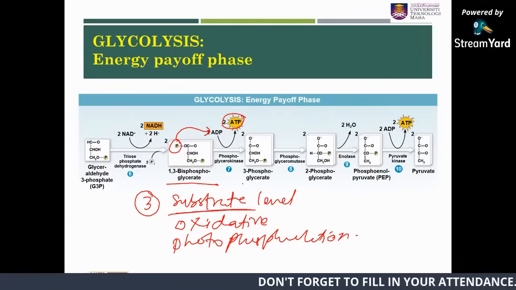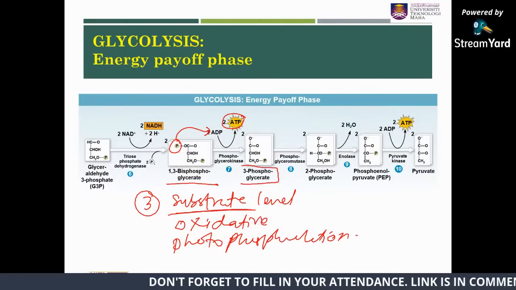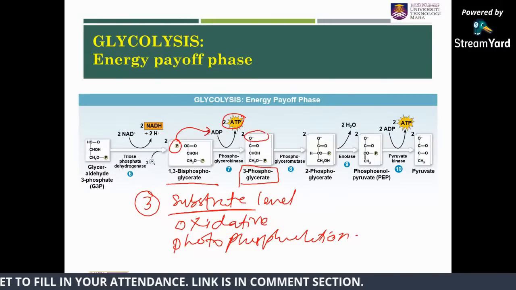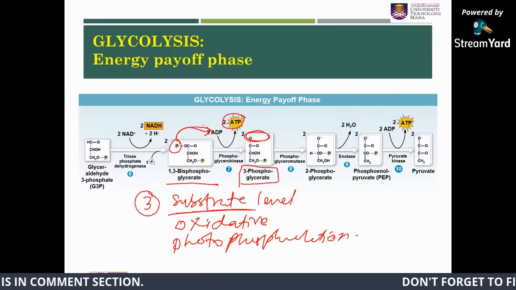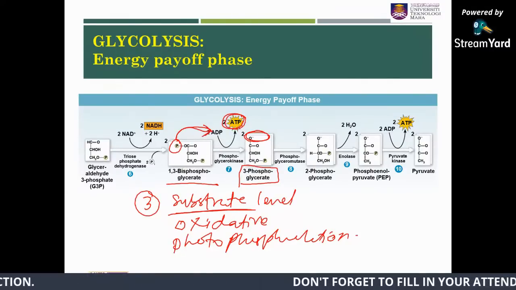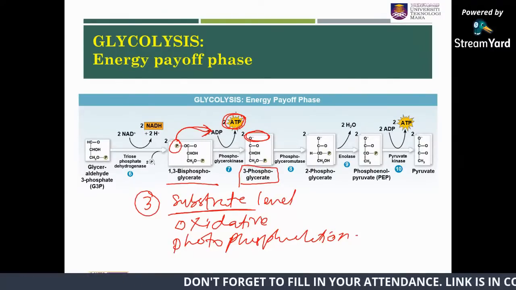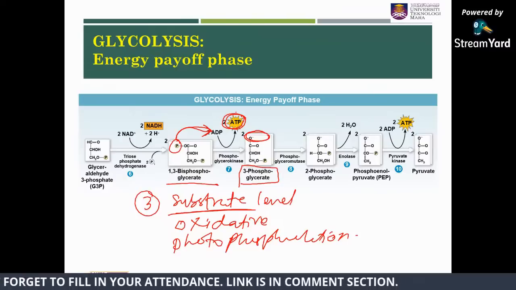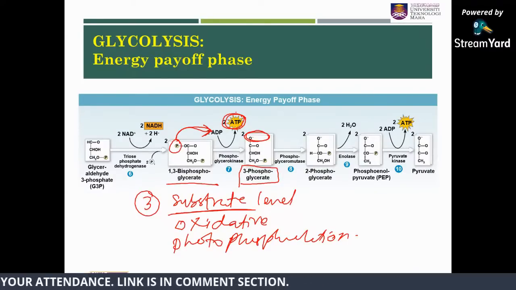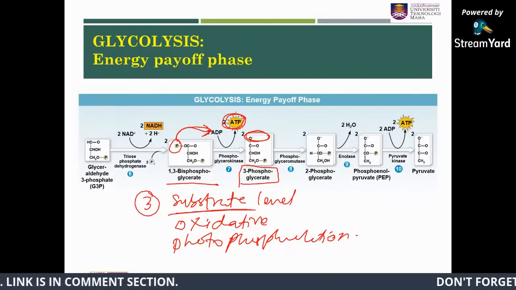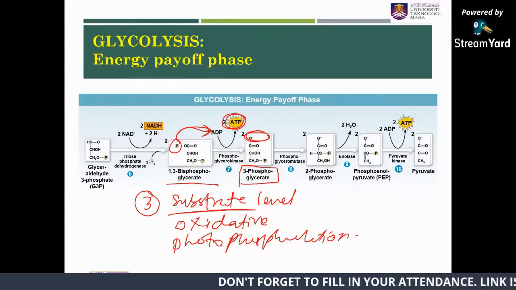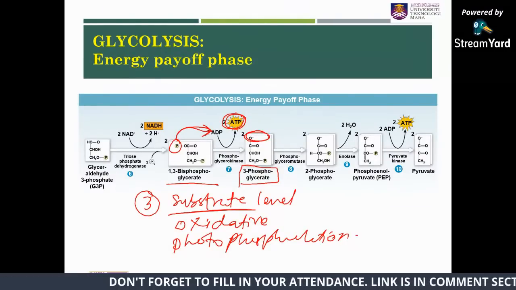So you dapati hasilnya akan ada 3-phosphoglycerate, which this phosphate group is missing. Mana dia pergi? It has been added to ADP to form ATP. So this is substrate level phosphorylation, which the phosphate group daripada substrate dipindahkan kepada ADP so that it will form ATP.